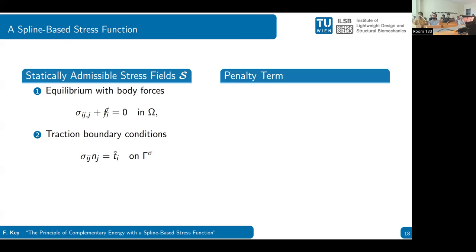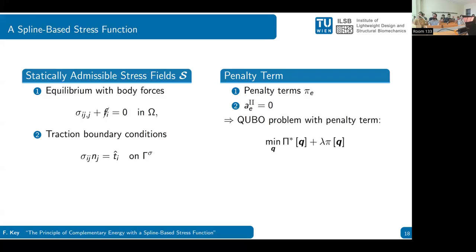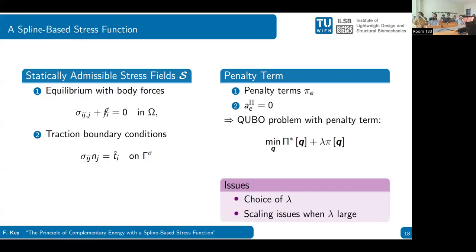One way to handle this constraint is to use a penalty term. For example, you could introduce some penalty term. And okay, this doesn't make sense here, you can ignore this. But in the end, you could come up with an unconstrained problem where you minimize the total complementary energy, and you have this penalty term that accounts for the equilibrium, with some penalty rate lambda.